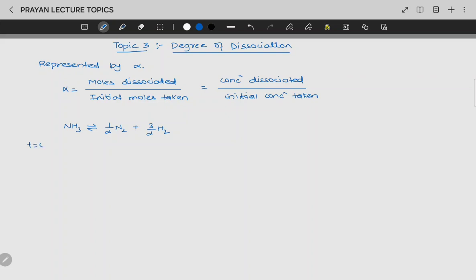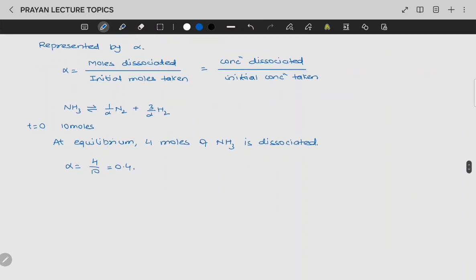Let us assume that at t equal to 0, when the reaction is starting, we have 10 moles of NH3, and at equilibrium, 4 moles of NH3 is dissociated. So the degree of dissociation will be 4 divided by 10, which is 0.4.